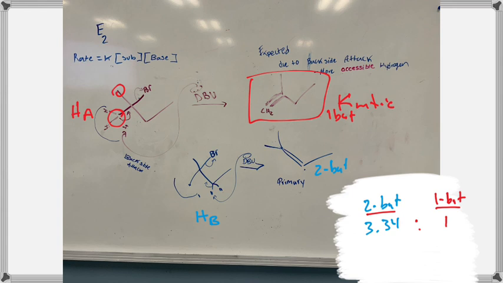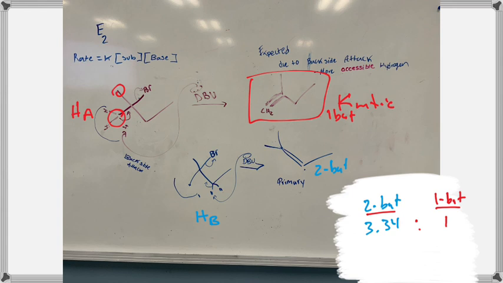So the lecture is trying to set you up with the broad ideas of what theoretically should happen, okay, and the real world doesn't necessarily perfectly align. So why is the lecture pushing this? Well, I would argue the lecture pushes that differential because what we're trying to do is emphasize not that thermodynamic is more stable than our kinetic, but that when we look at the E2 versus the E1, do we see a difference in the end result?